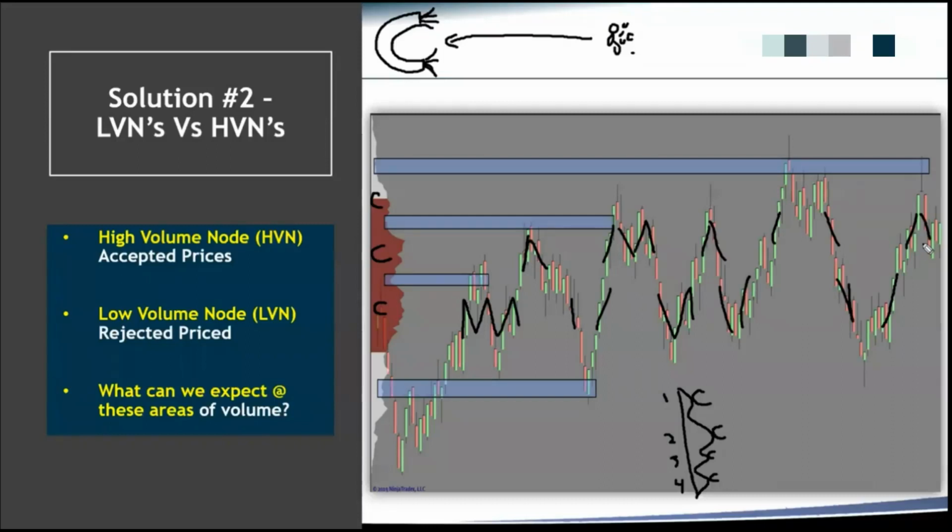Now, I want you to think about what's going to happen here. There's 2 things. It's called a pass-through or rejection.